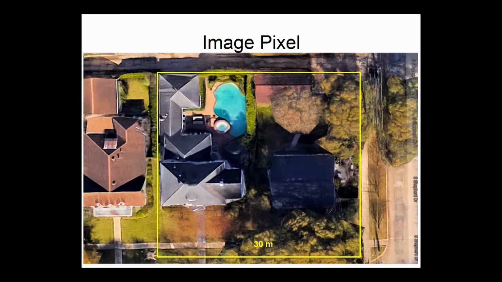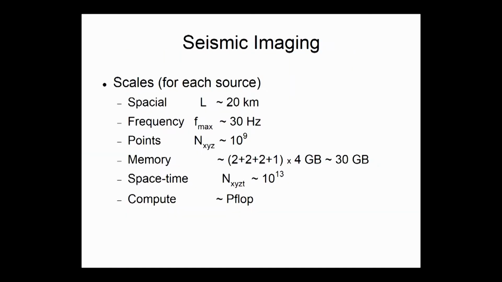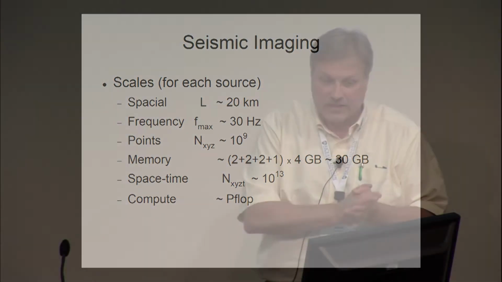Not terribly high resolution, but that's what we get for typical numbers, where we have a couple of kilometers of scale of the target that we're after, and a frequency that's around 30 hertz, plus or minus a factor of 2.